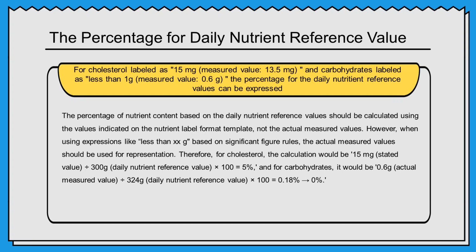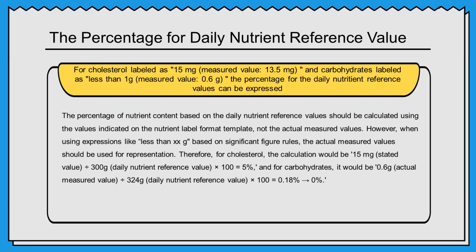The percentage of nutrient content based on the daily nutrient reference values should be calculated using the values specified on the nutritional label template, not the actual measured values. However, when using expressions like less than XX gram, based on significant figure rules, the actual measured values should be employed for representation.